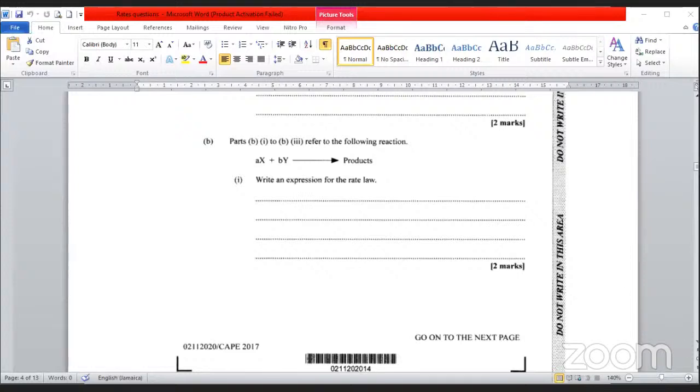And that is not true. Any clearer, Colleen? Any letters can be used in this case, except A and B, because A and B are utilized in the balanced equation.